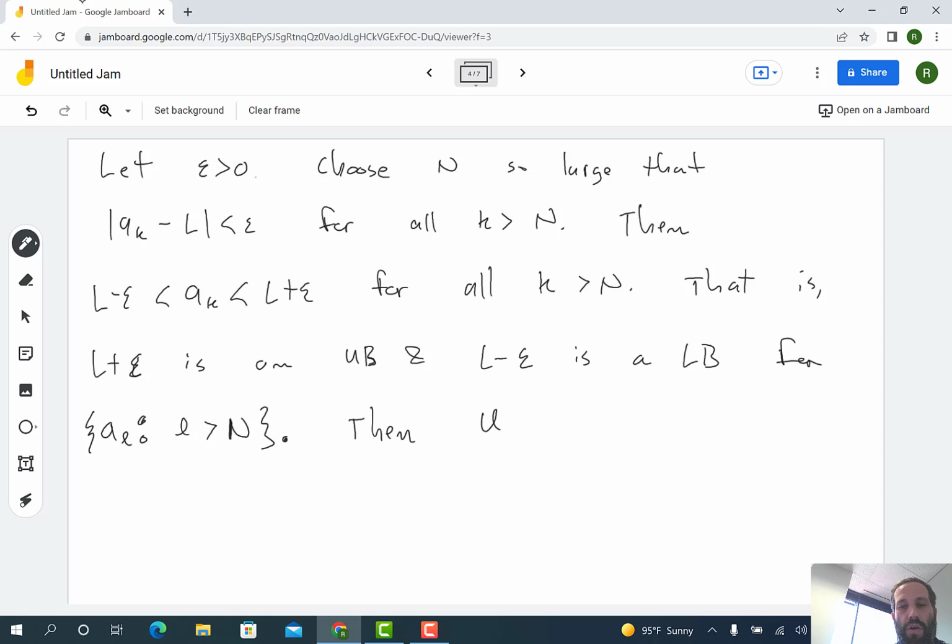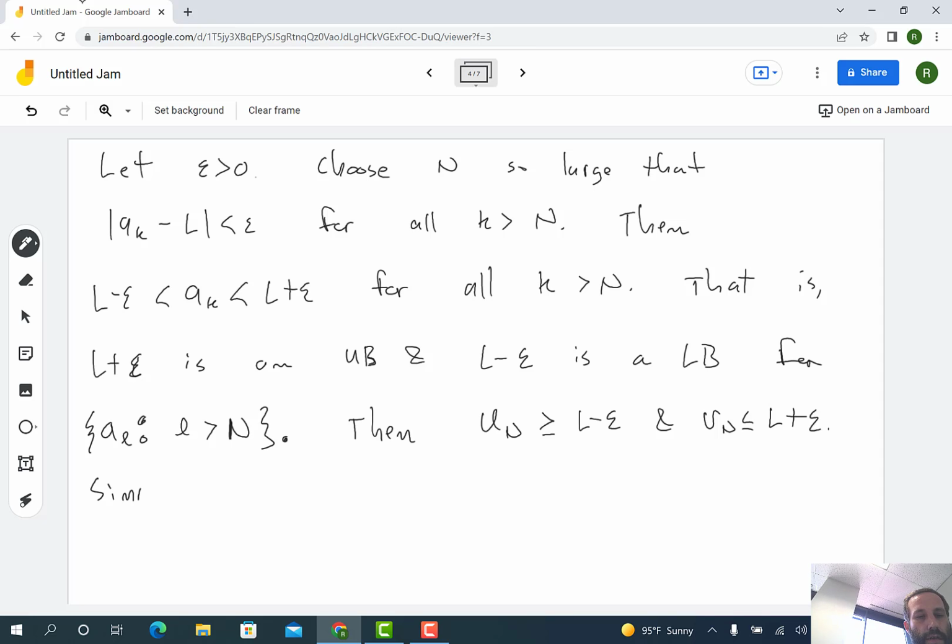Then U_n is greater than or equal to L minus epsilon, and V_n is less than or equal to L plus epsilon. Again, that's because U_n is the greatest lower bound, V_n is the least upper bound.